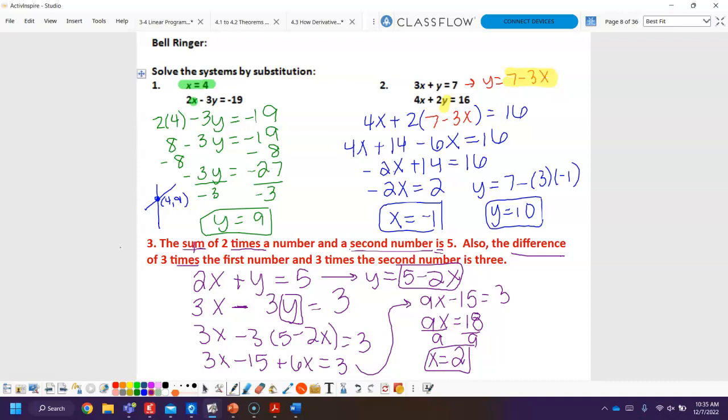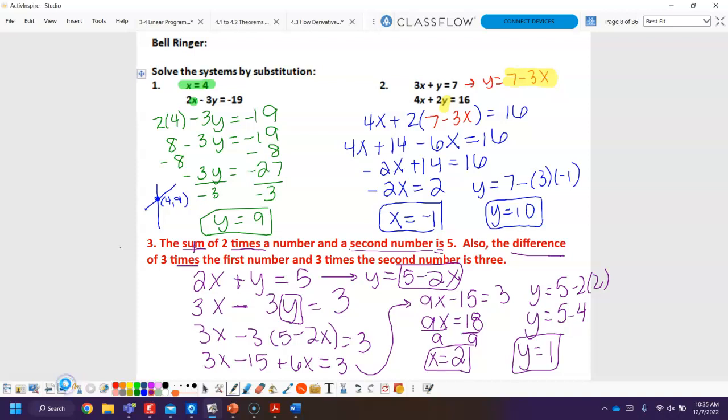So we get that our first number x is 2. I take that 2, plug it back in, and I get that y equals 5 minus 4, so y is 1. So those are all 3 examples of yesterday's application with the substitution property.